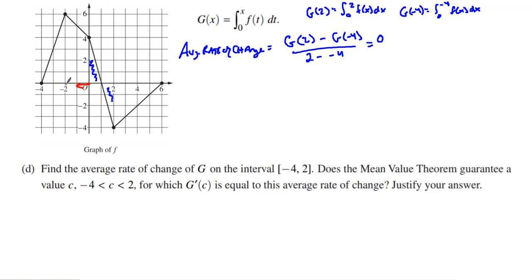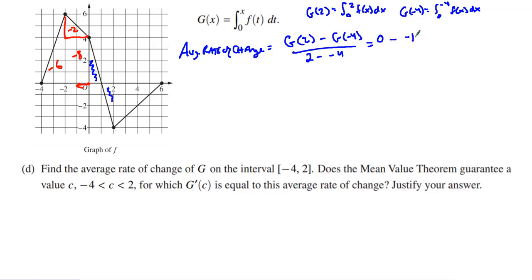So we have 1 times 6, so that's a negative 6 for that one right there. This one right here, we have 1, 2, 3, 4, 5, 6, 7, 8. That's negative 8. This little triangle right here is going to be 2 times 2 is 4, divided by 2 is 2, so negative 2. So that gives us negative 16.